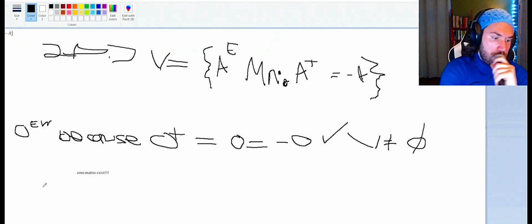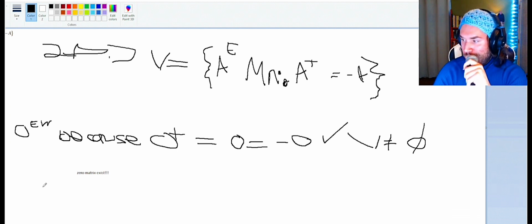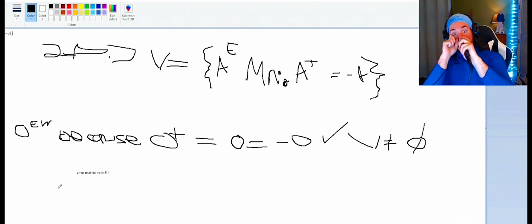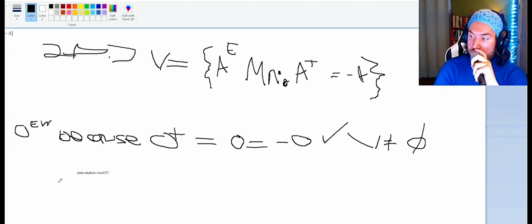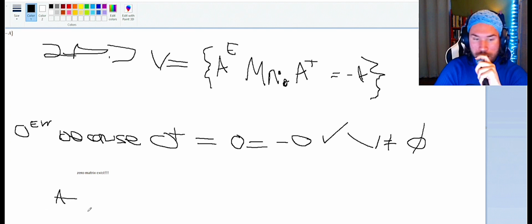So for the vector space, closure under addition and multiplication: for A, B in W, (A plus B) to the power of T equals negative (A plus B). Here, let me write it down so you can see what I'm saying.